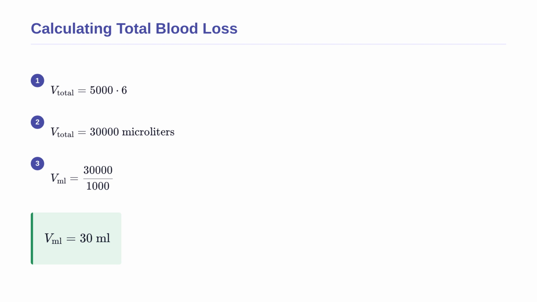Since microliters are hard to visualize, we convert this to milliliters by dividing by 1,000. The final answer is 30 milliliters of blood. Physically, this is roughly equivalent to losing 2 tablespoons of blood in a single night. This mathematical reality perfectly highlights the severe physical toll these parasites take on a human host.